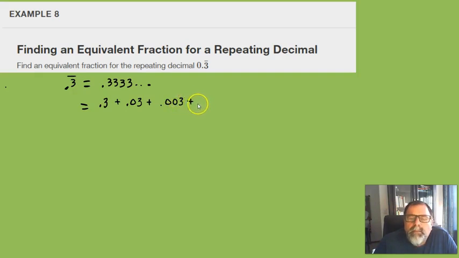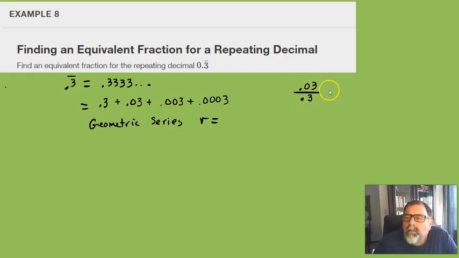So we can think of this as a geometric series where R is equal to, if you divide 3/100 divided by 3/10, you're going to get 1/10.